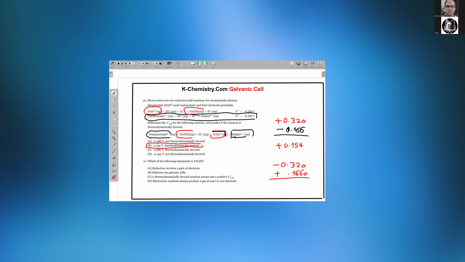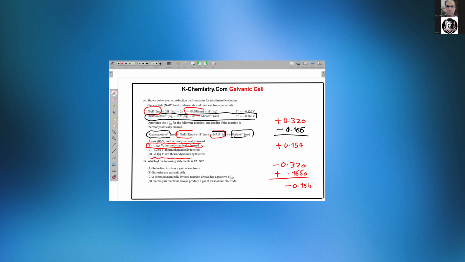If we get it like that, it will become negative 0.154, and this is negative, so not thermodynamically favored. But this means that he has reversed the second one, and the first one is not reversed. This is totally for sure wrong, 100% wrong.